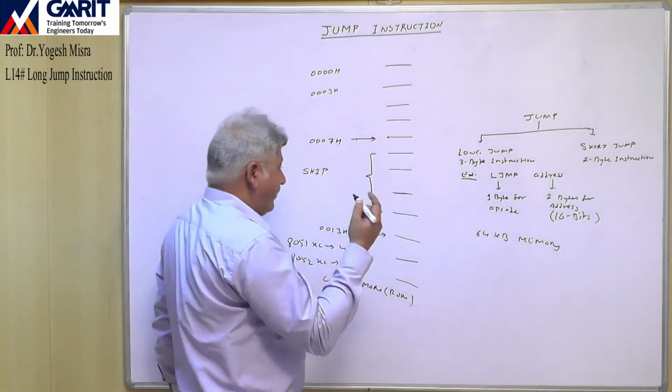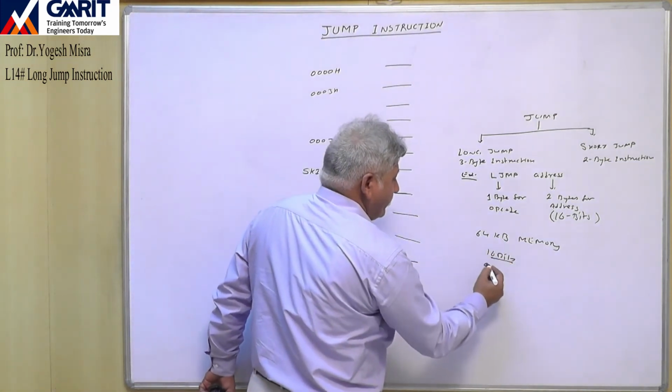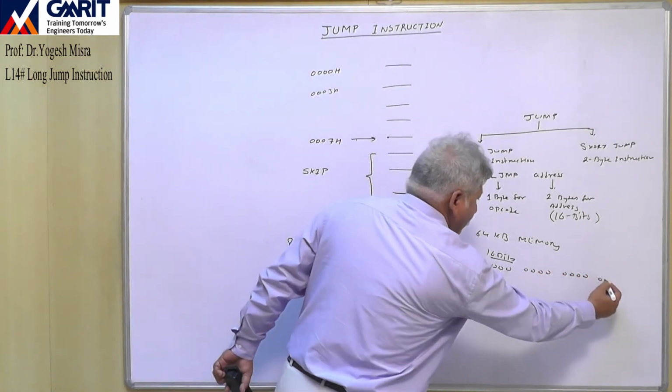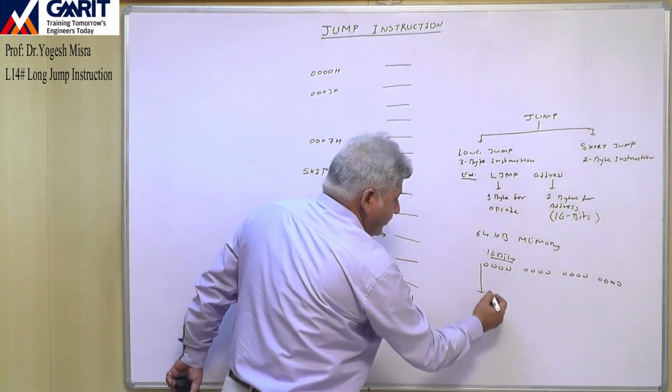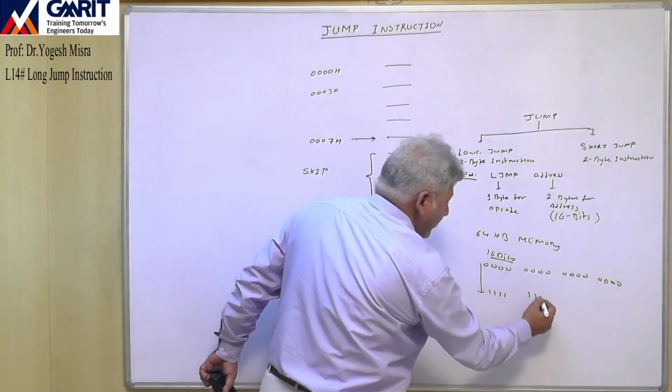If you remember, 16 bits means all zeros at the lowest, and the highest value will be all ones.